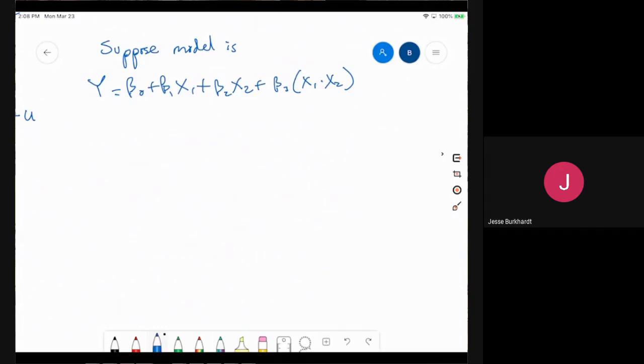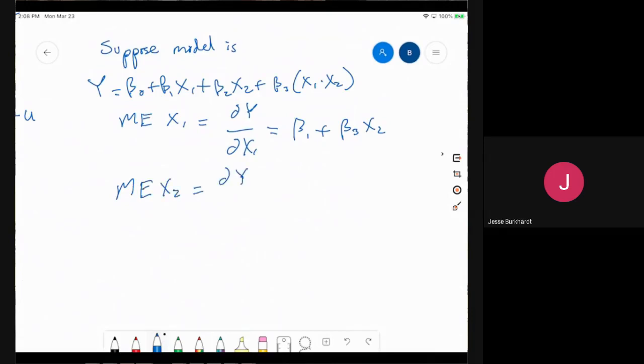We can figure this out. Marginal effect of x1 is dy dx1. Now we're going to hold x2 constant and just take the derivative. It's going to be beta 1 plus beta 3 x2. And what's the marginal effect of x2? dy dx2 equals beta 2 plus beta 3 x1.